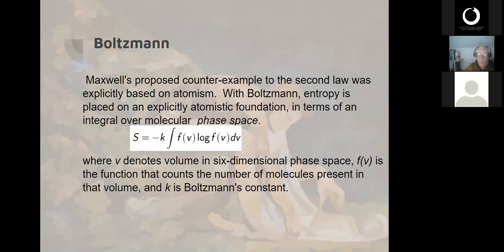Boltzmann's is a materialist model in the modern sense of it being an atomist one. He gives a foundation in terms of an integral over molecular phase space, where there's, this is his S formula, K is Boltzmann's constant, and F is a function which denotes a volume in 6-dimensional phase space and counts the number of molecules present in it.